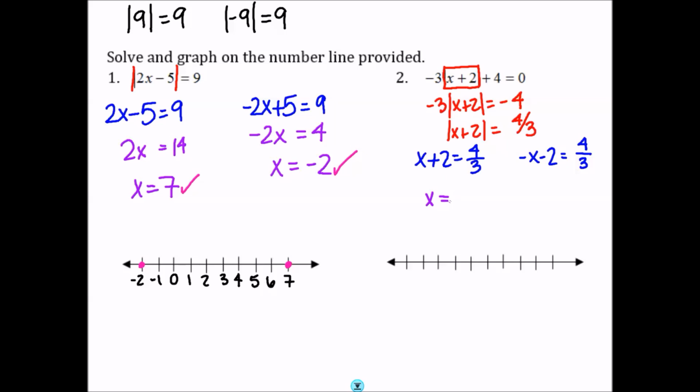And you can use your calculator to help you with the fractions, or you can subtract the fractions. So subtracting 2 from 4/3 would be subtracting 6/3. So the answer is -2/3. On the other equation, we would add 2 first. So that's adding 6/3, giving us 10/3, and then divide by -1.